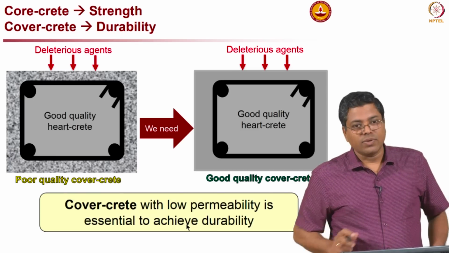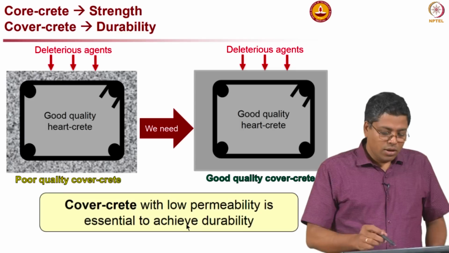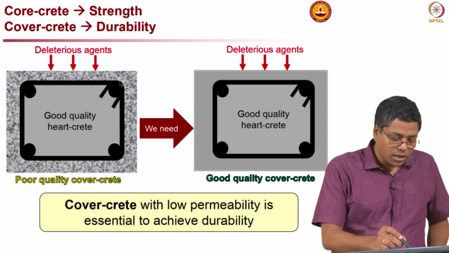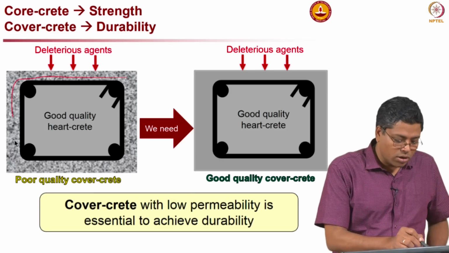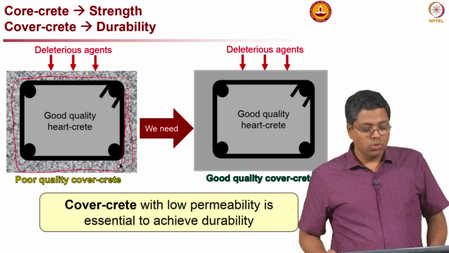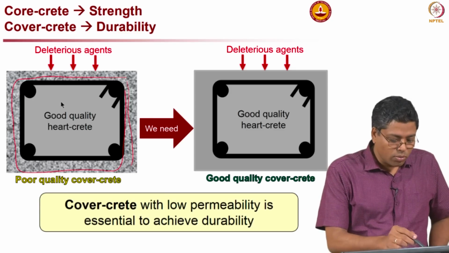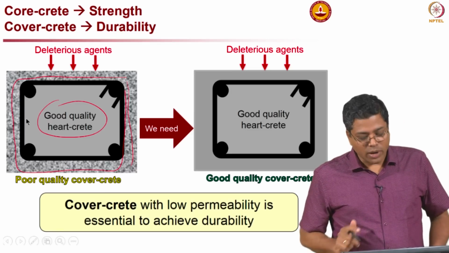Now, at the site, if you do not cure the concrete properly, what you will see is that the concrete outside the stirrups will be of much poorer quality compared to what is inside the stirrups, which is good quality. Why is it happening?